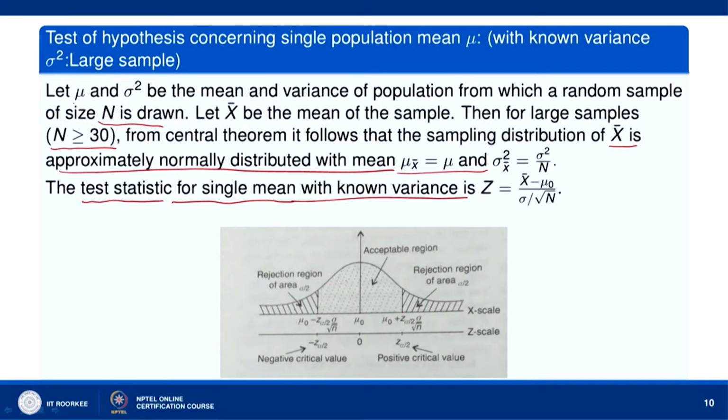This is the acceptance region, and this is the region where your H naught is rejected. The region where the null hypothesis is rejected is called the critical region. So these two regions are critical regions, also called significant regions, and this is called the non-significant region where the null hypothesis H naught is accepted.